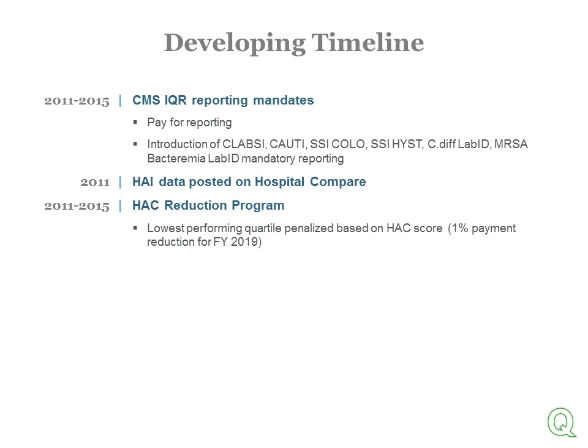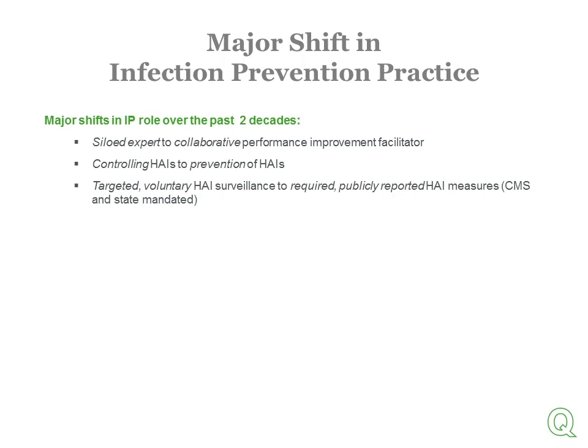Next slide. Over the past 2 decades, infection prevention has experienced major shifts in practice. Once a siloed expert working within their own black box, now infection preventionists are key stakeholders in collaborating and facilitating performance improvement throughout the healthcare organization.